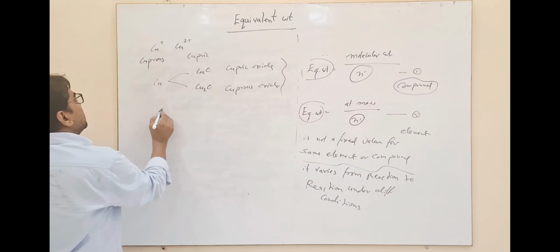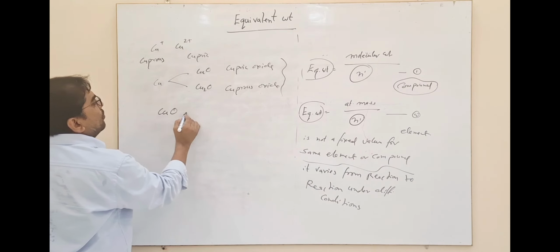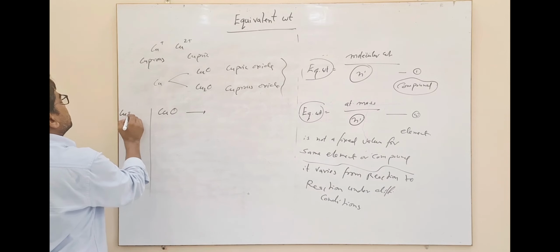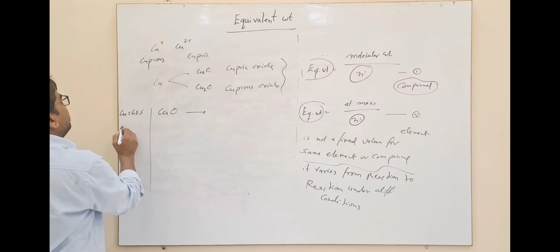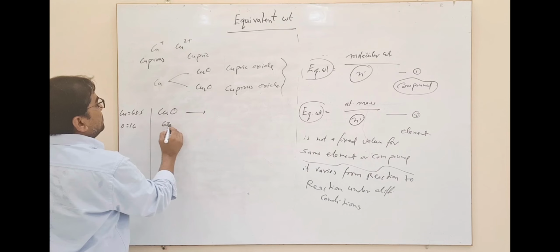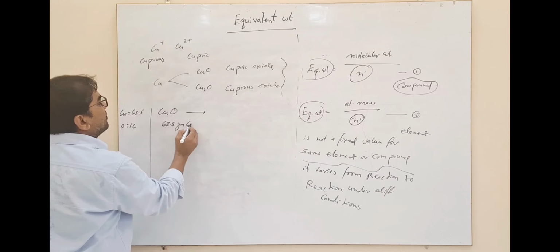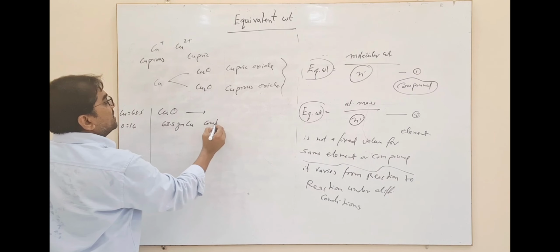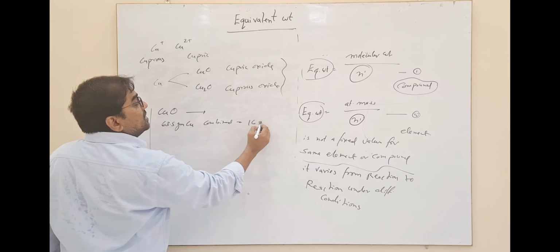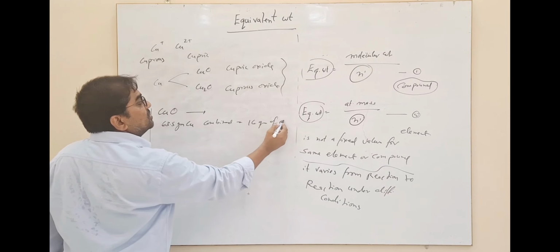So if we consider the first one, CuO, here copper has atomic mass 63.5 and oxygen has 16. So in the first one, 63.5 gram of copper combined with 16 gram of oxygen.